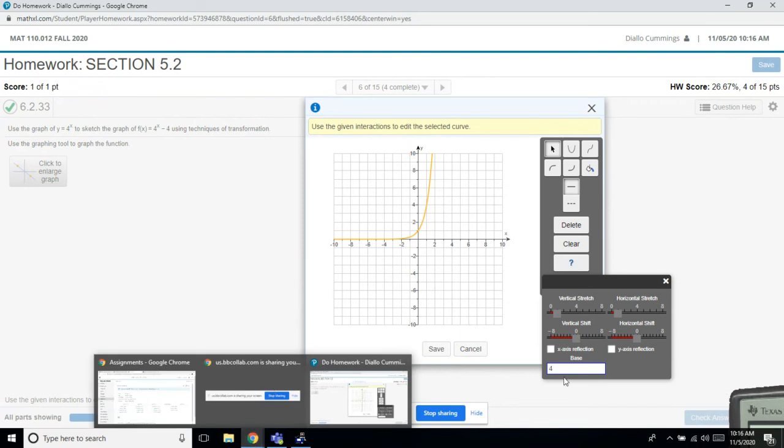Okay. So notice that it gives us the base, which is 4. The -4 would actually be a vertical shift down by 4. So the only thing I want to do here is make sure my base is correct. My base is 4, and I'm going to shift it down 4 places.